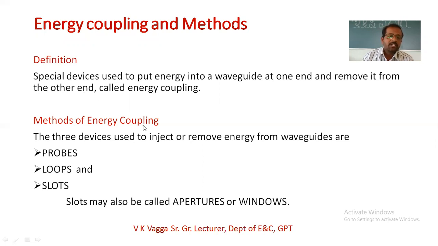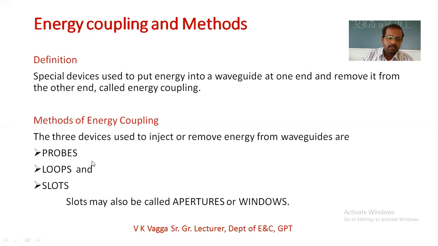And if you take the methods of coupling, they are classified into a number of types. According to the syllabus, there are three main coupling methods: one is the probe, one is the loop, and one is the slot. All these three are the important methods of energy coupling.